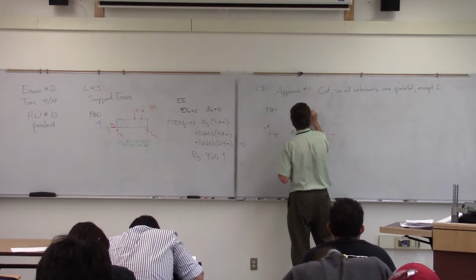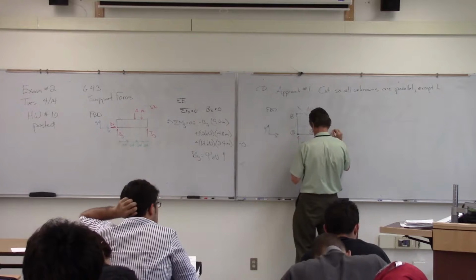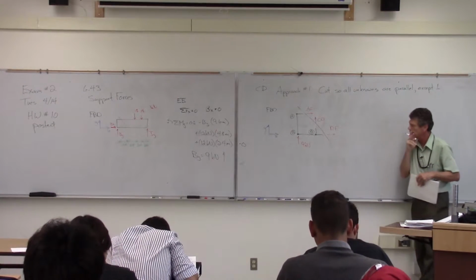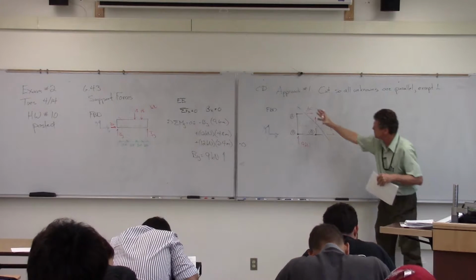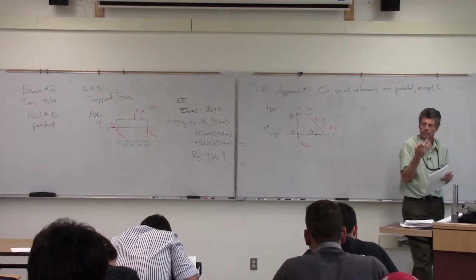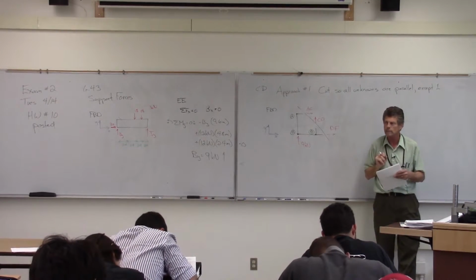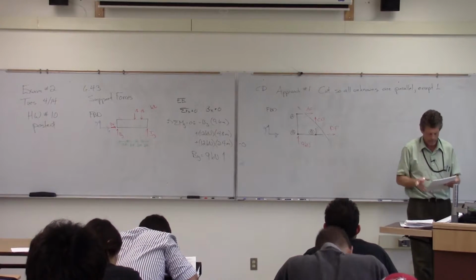So this is AC, this is CD, and this is DF. That piece of the truss is in equilibrium by virtue of those members providing some sort of force to it. So I've cut through it, and I've got three unknowns there.